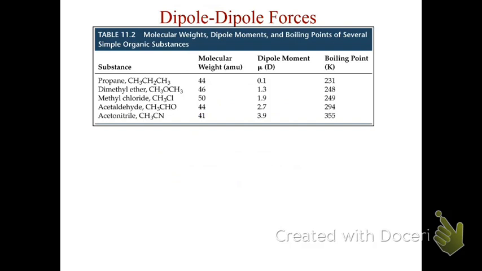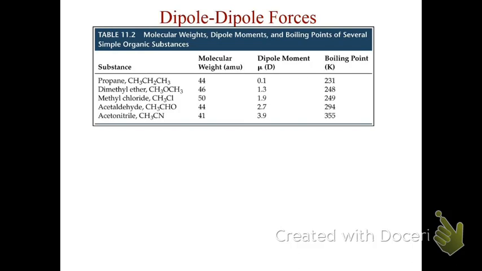This is a very, very polar molecule versus at the beginning where you're dealing with propane, which is basically a non-polar molecule because of how things are arranged around it.